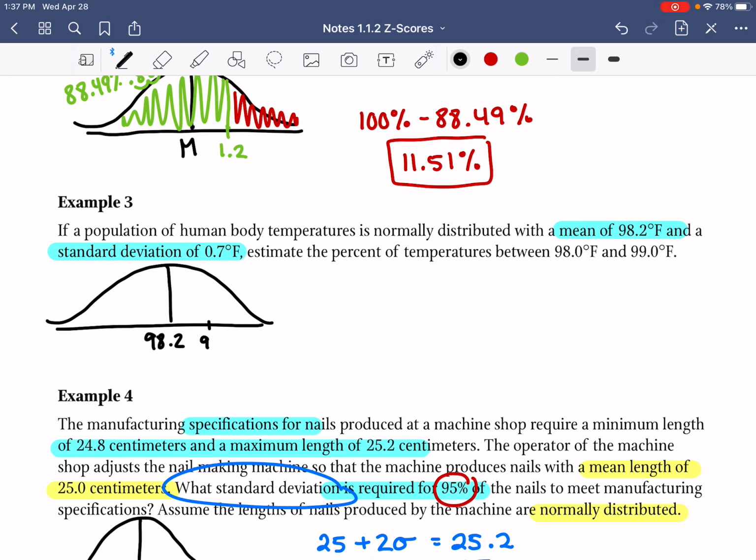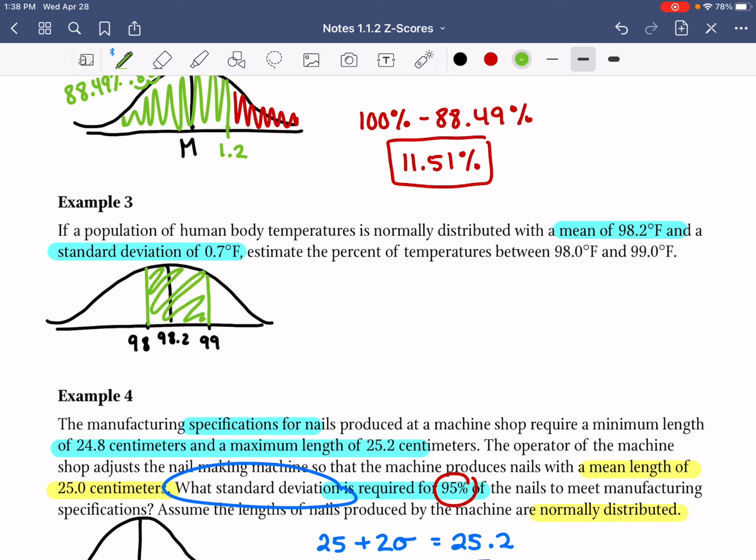So I'm going to put 99. And 98 is just 0.2 to the left. 98 right here. So we want to know the percent of temperatures between those two. So between 98 and 99, we want to know these.